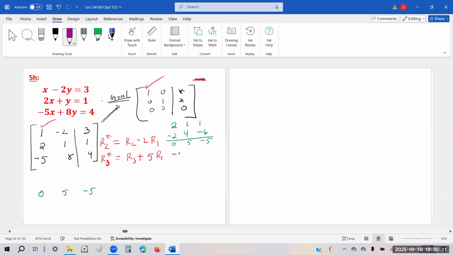Current row 3 is negative 5, 8, 4. When you multiply row 1 by 5, we get 5, negative 10, and 15. So when you combine, we get 0, negative 2, and 19. This is our new row 3. So we changed row 2, we changed row 3, but we do not need to change row 1, so we leave our row 1 alone.